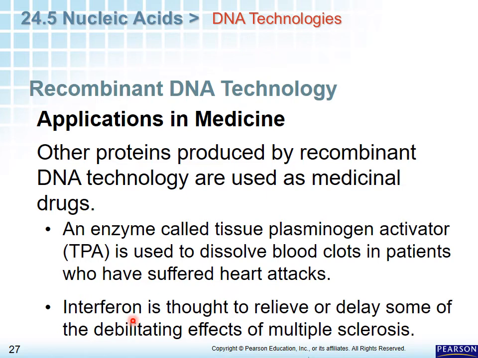It is thought to relieve or delay some of the debilitating effects of multiple sclerosis, basically a condition in which the body tissue becomes very stiff and hard. Because of this the patient feels weakness, so interferon boosts the immune system to cope with this.